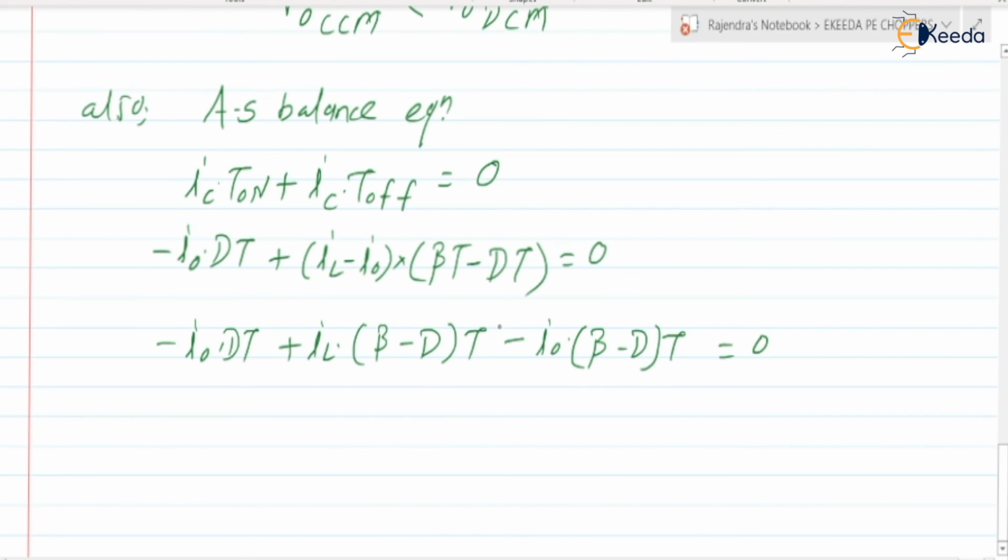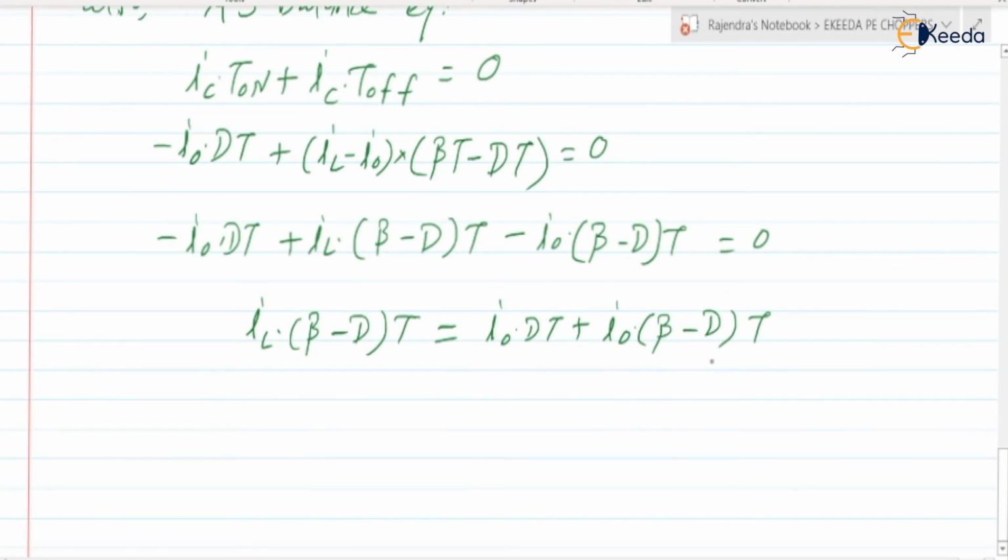Further, can we shift all the I0 terms to the right hand side? So it is IL into beta minus d into t is equal to I0 into dt plus I0 into beta minus d into t. From this we can take I0 into t as common, so it is d plus beta minus d, and here it is IL into beta minus d into t.